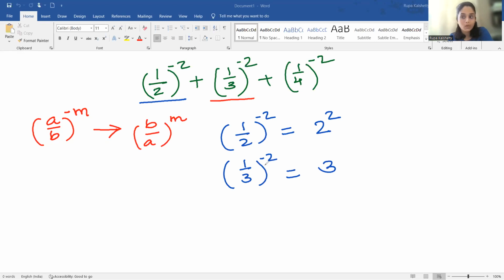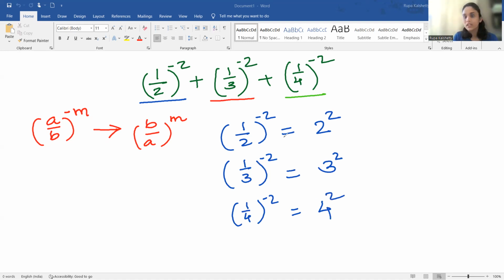And the opposite of negative 2 is positive 2. Similarly, the third term is this, and we can rewrite 1/4 to the negative 2 as: flip 1/4, which is 4 over 1, so only 4, and the opposite of negative 2 will be 2.